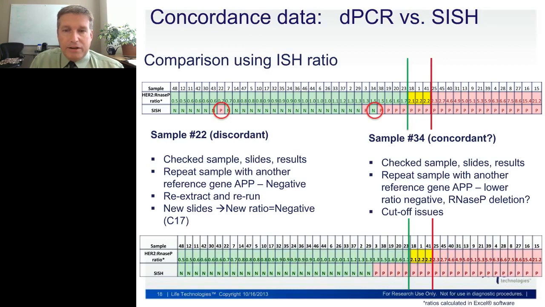Okay, and in fact, as a result, we found that these 2 samples then were properly adjusted, and the results were confirmed of the in situ hybridization by using digital PCR results. In addition, the digital PCR was able to identify several more samples which were HER2 positive and would have been missed by using the ASCO cutoffs.